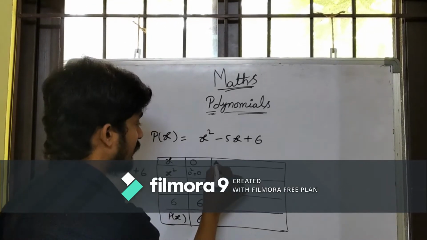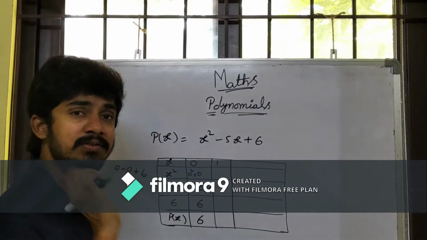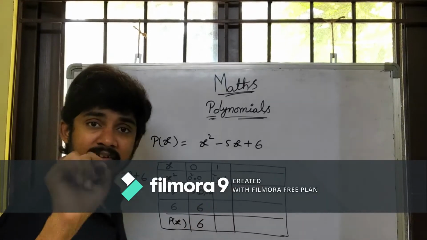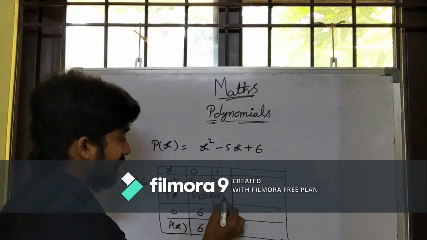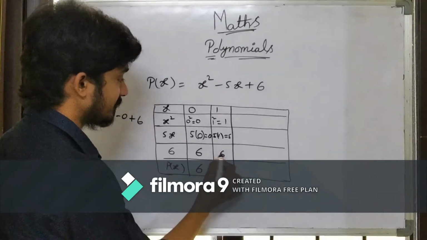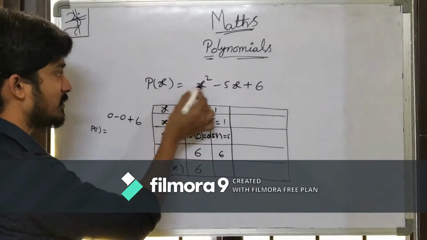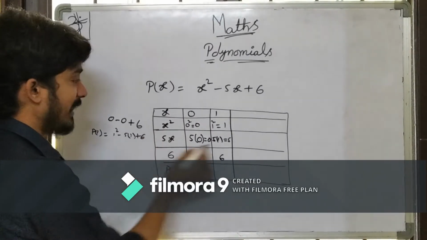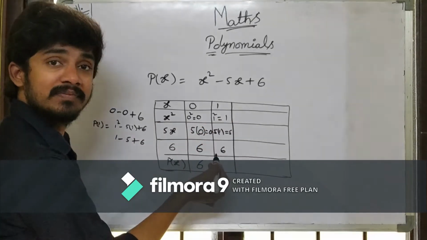Next, if you take x equals 1, x square value means 1 square, which is 1. Next, 5 into x means 5 into 1, that equals 5. Next, plus 6. P of 1 equals 1 square minus 5x plus 6, which means 1 minus 5 plus 6. 1 minus 5 is minus 4.